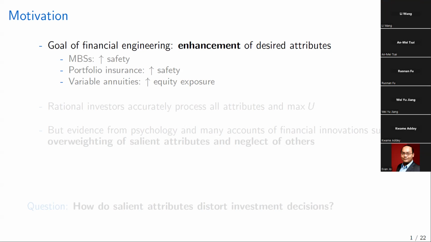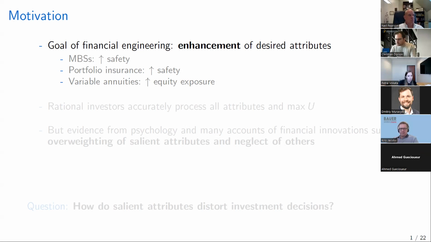Similarly, portfolio insurance is enhancing safety as it eliminates some of the downside risk. And to give you one example where financial engineering may be enhancing expected return, packaging of equity options into variable annuities is increasing equity exposure compared to fixed annuities, and so therefore plausibly also enhancing expected return.